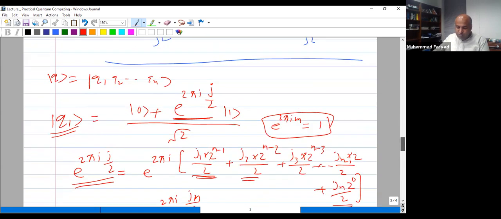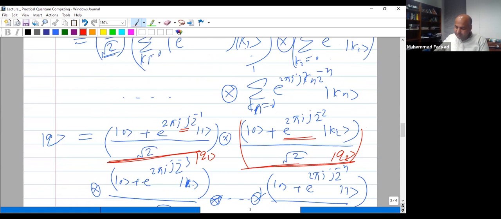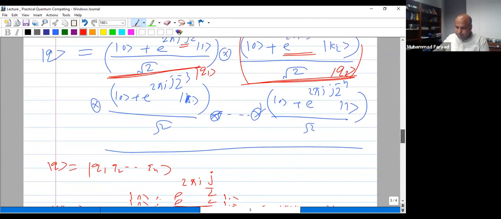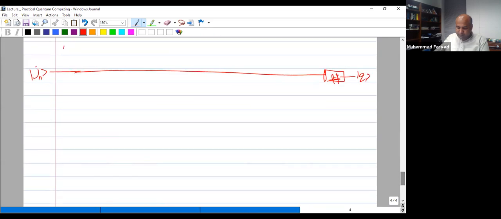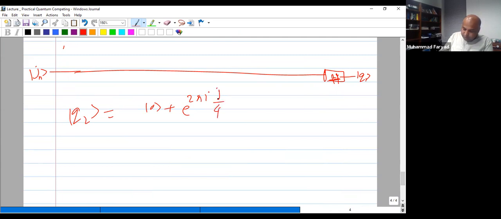And let's see what Q2 is. So Q2 is this, exponential 2 pi iota j to the power minus 2. So let's work out Q2. Q2 is 0 plus exponential 2 pi iota j over 2 power 2 into 1 over square root 2.